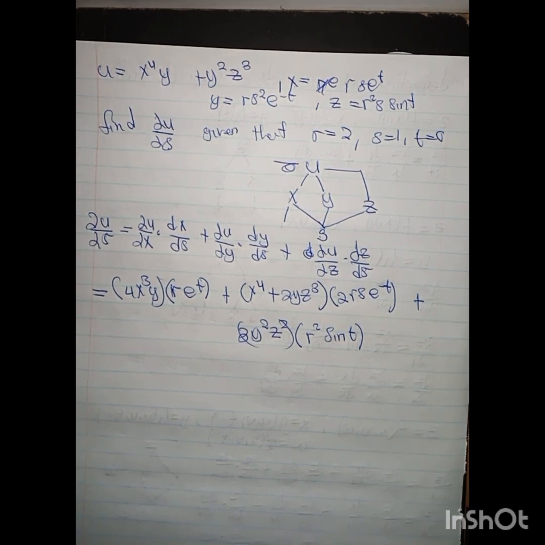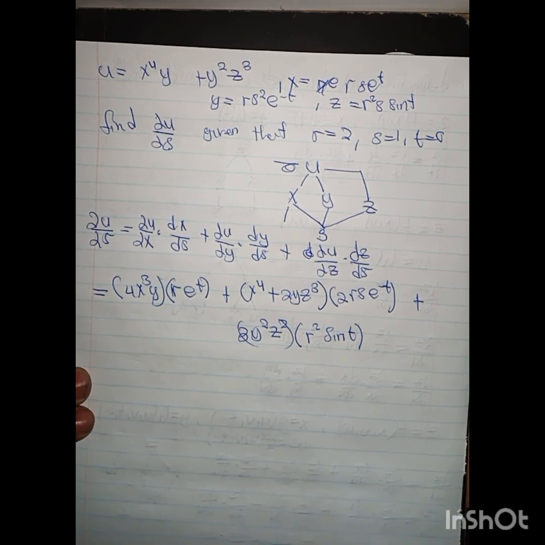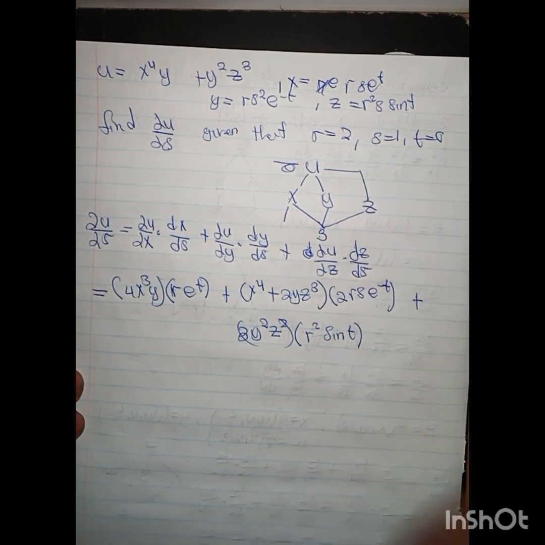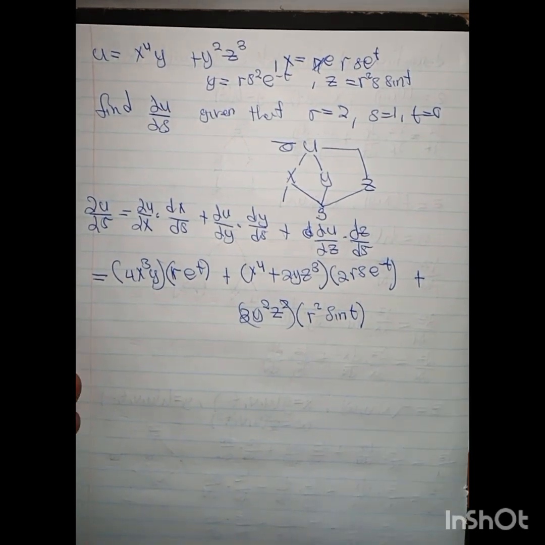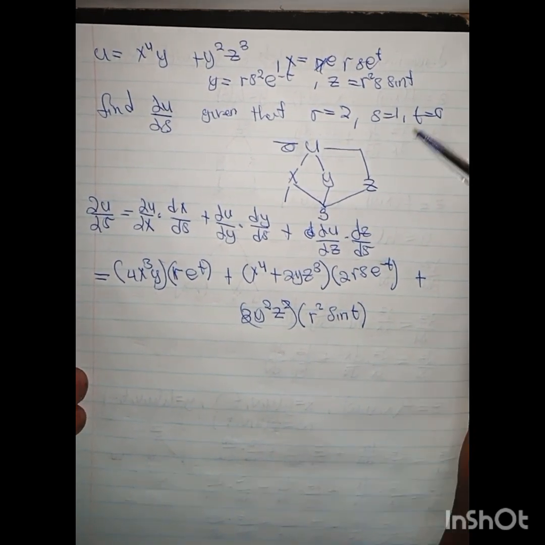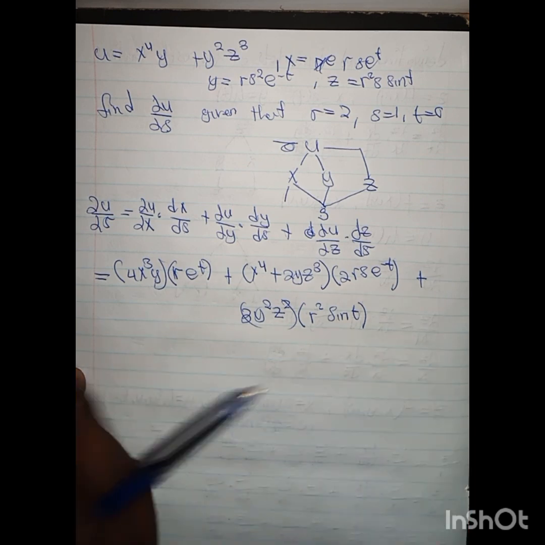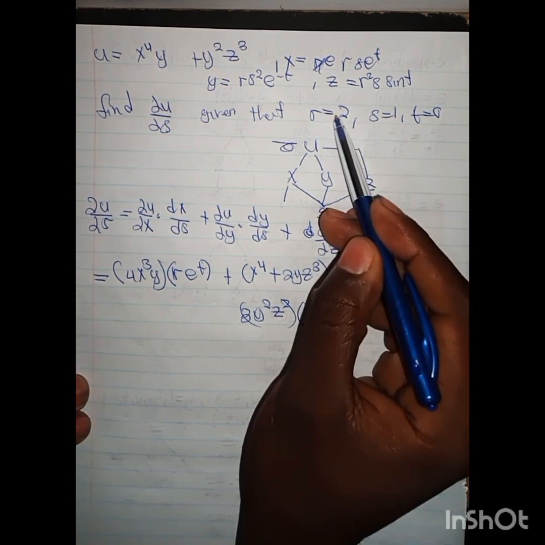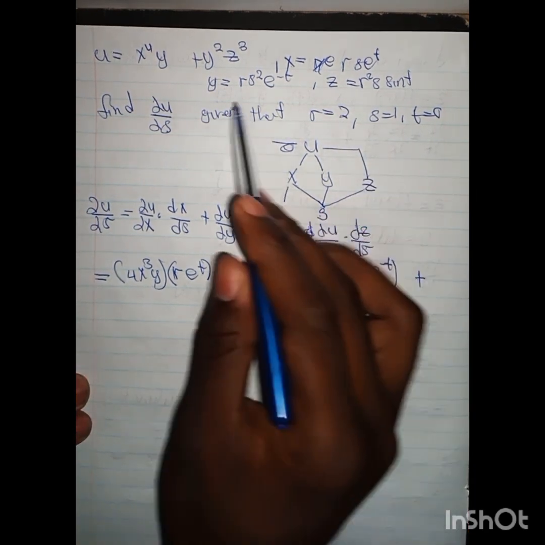So this is all we have to do for du/ds. However, when we are given the following values of r is 2, s is 1, and t is 0, it means we are going to substitute the values in the main differentiation. Which means then now when r is 2, what is the value of x?